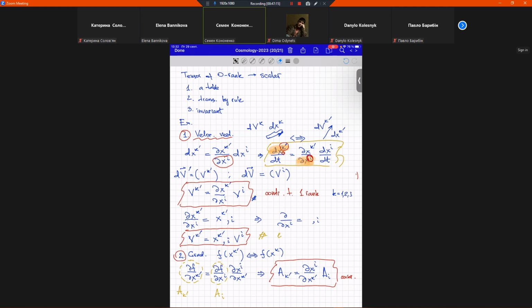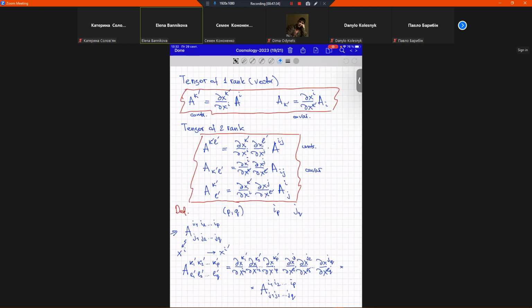Maybe from a mathematical point of view that's right. However, if we consider the definition of covariant vector which we had before, can we just change a_k' to x_k' and also a_i to x_i?